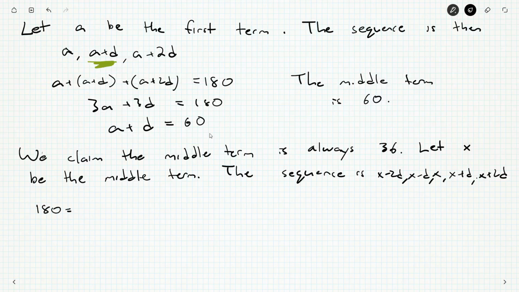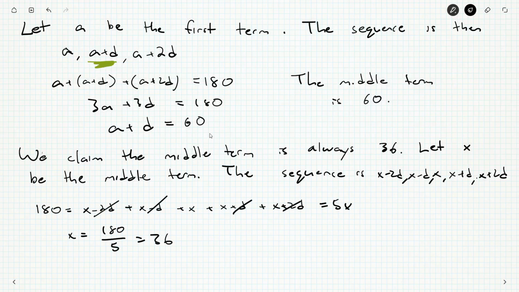So 180 has got to be, well, add them up. But the 2d and the minus 2d are going to cancel. The d and the minus d are going to cancel. We're going to get 5x. So x is equal to 180 over 5, which is 36. And that's all we have to do. We've said what we're going to do. We're going to show the middle term is 36, and we've proven it in much the same way that we might have done A part.